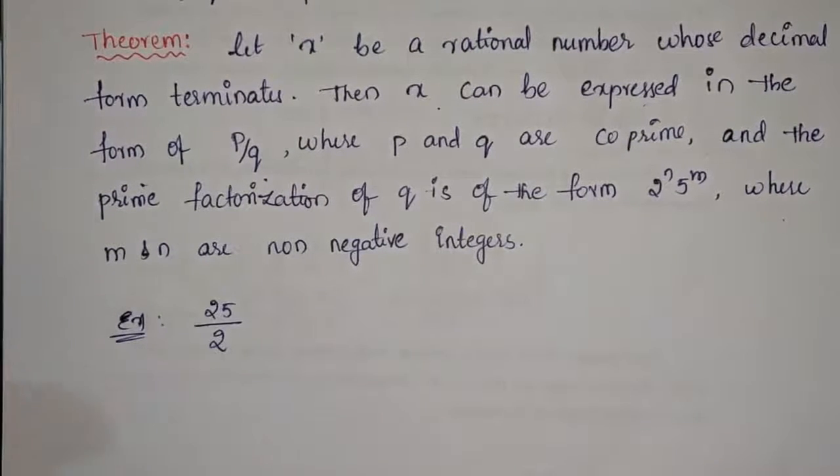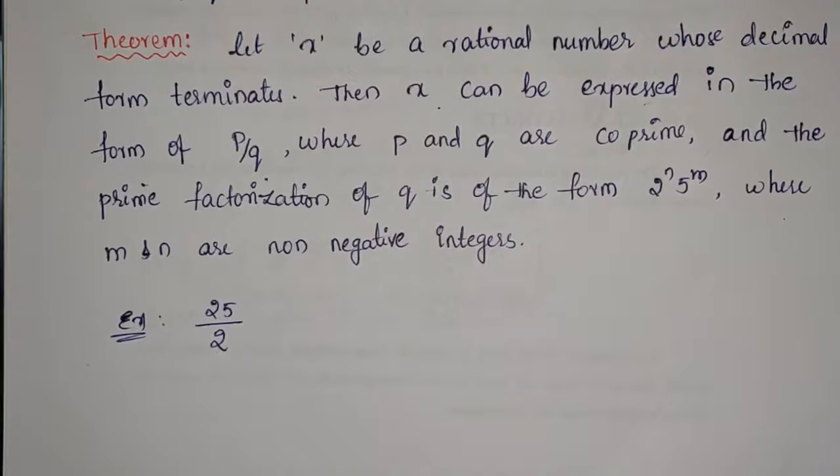Let us take this example which is in the form of P by Q. Actually, we can do the actual division and write the decimal form of this 25 by 2, but without using the actual division, how can we find the decimal form of this P by Q form? Okay, now let us check that.